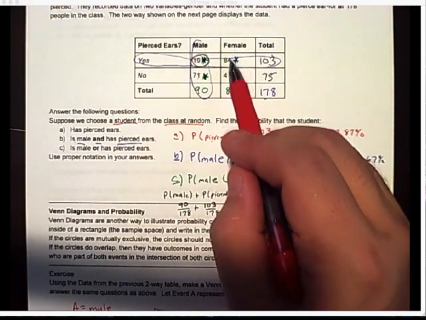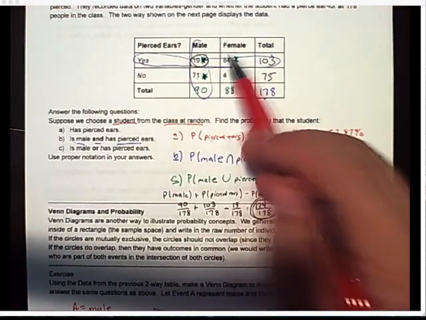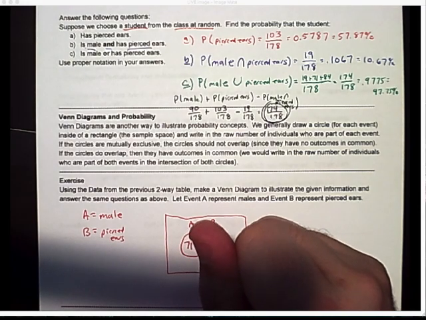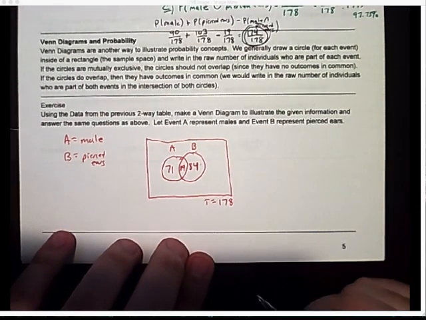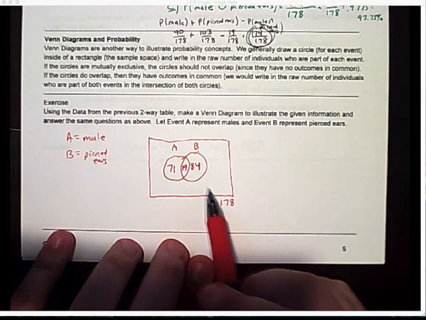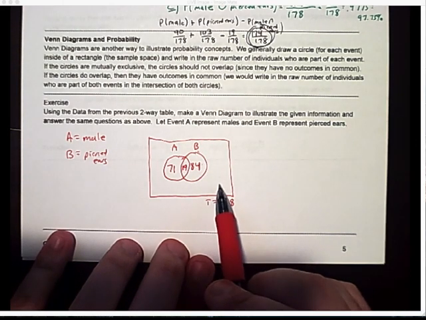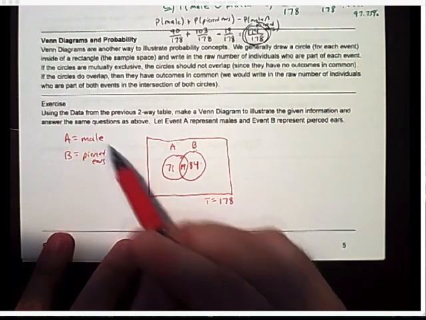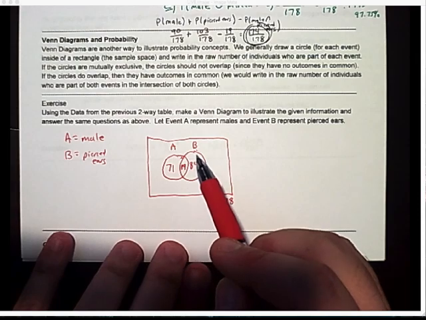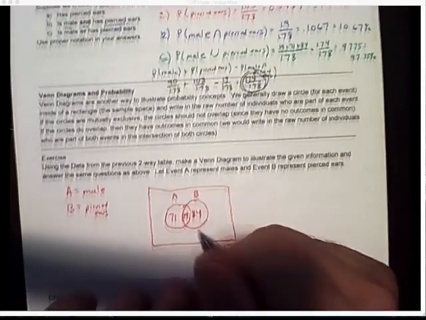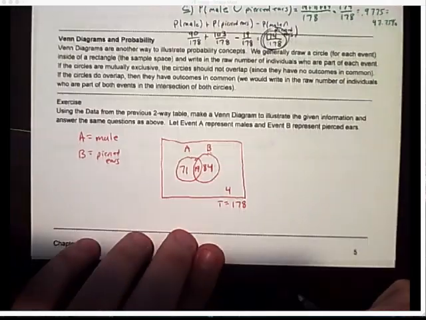So how many females have pierced ears? 84. Okay. Now, what about should any number go outside here? Are there any people that are neither male nor have pierced ears? So that would mean female and no. So how many people are female and no? Well, 4 are. All right.